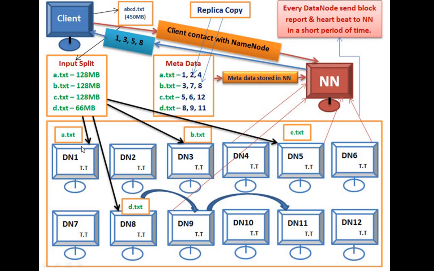So first of all, suppose that we are going to store a.txt on data node 1, because data node 1 has the empty block. When the client stores a.txt on data node 1, data node 1 sends an acknowledgement to the client: hey client, I stored a.txt on data node 1.